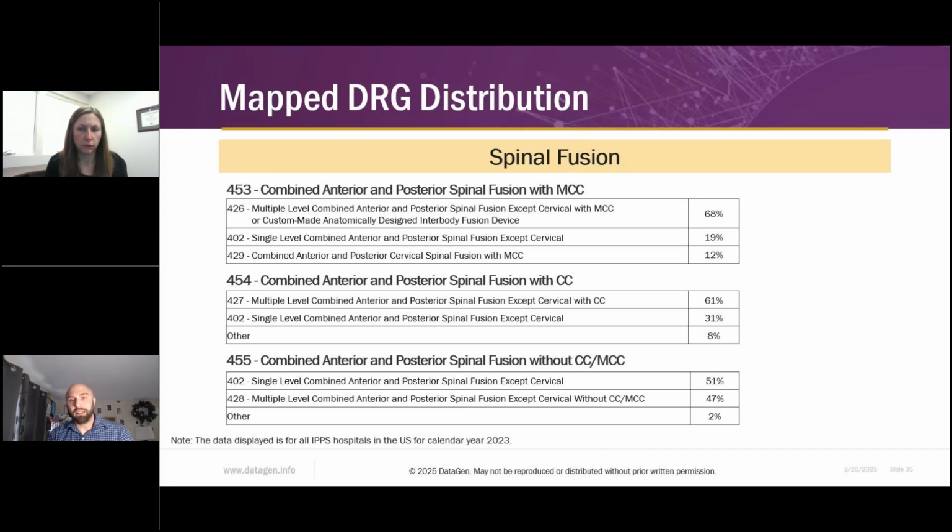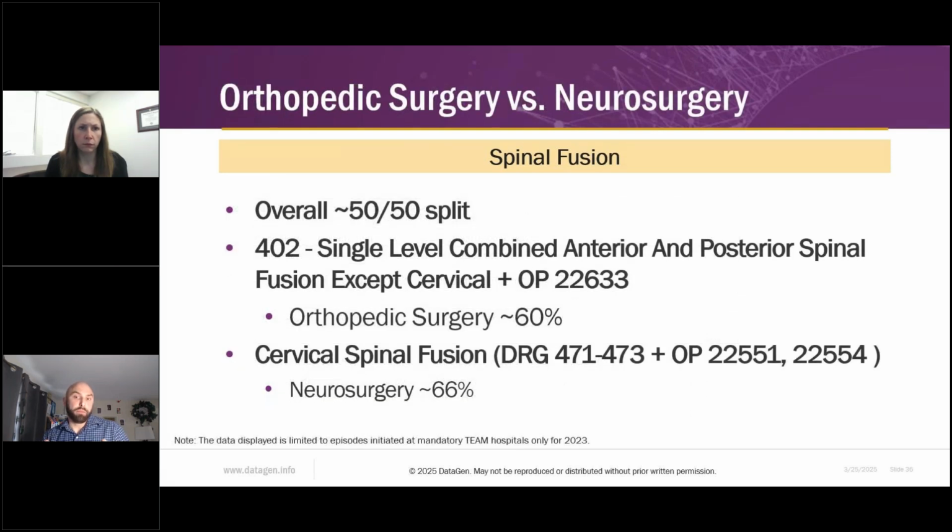And then lastly, to touch upon a fact of spinal procedures, in general, it's a split between orthopedic surgery departments and neurosurgery departments. If you look at the whole bundle across all team providers, it's like a 50-50 split.